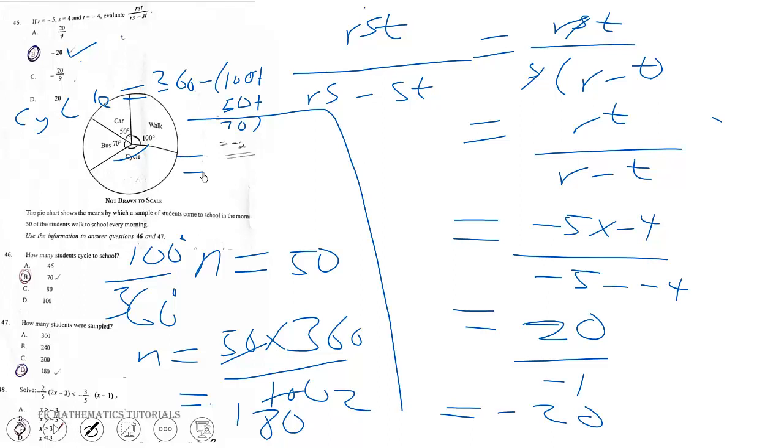That will give us 360 minus 220 over 360 times 180, and this will give us 70. So already we found the number of students that were sampled, which is 180.